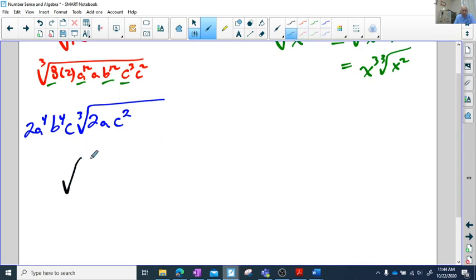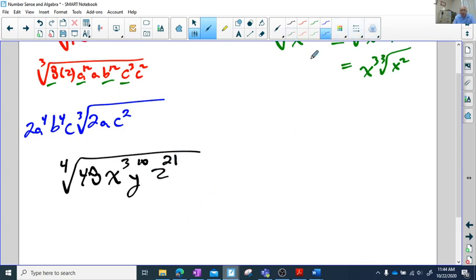So let's go, we'll go 4th root, and we'll go 48, and we'll go x cubed, y to the 10th, z to the 21.